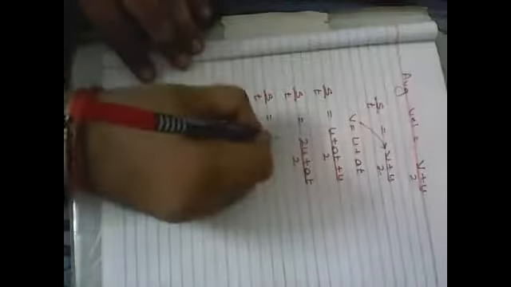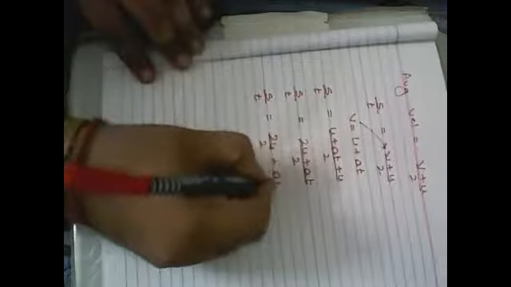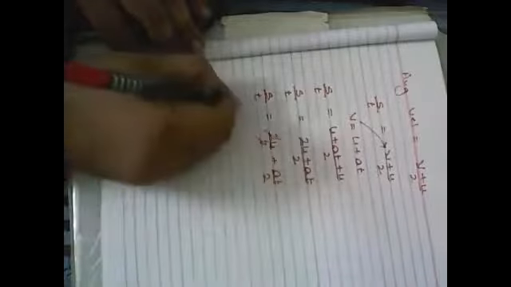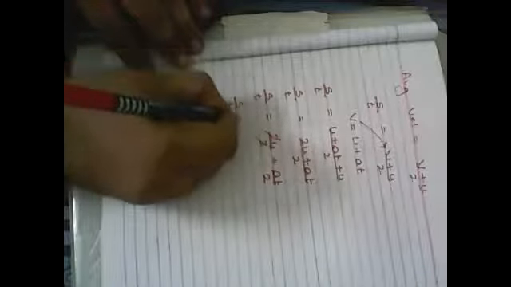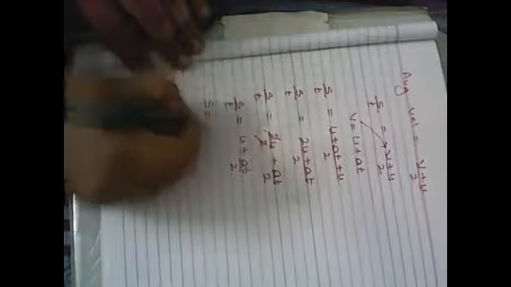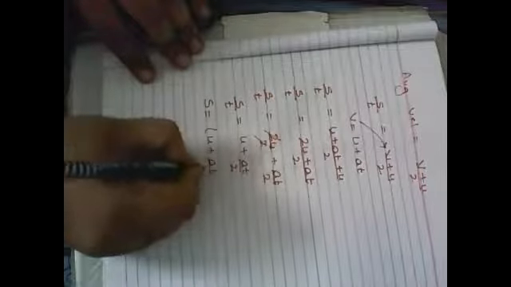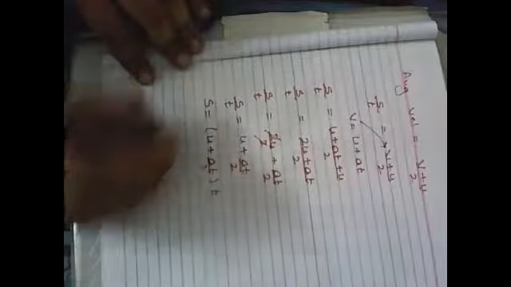S by t is 2U by 2 plus AT by 2. S by t is equal to U plus AT by 2. Cross multiply. S is equal to U plus AT by 2 into t.